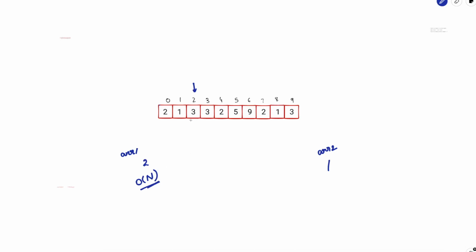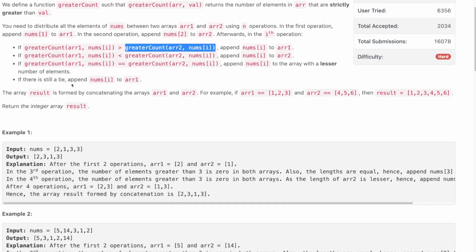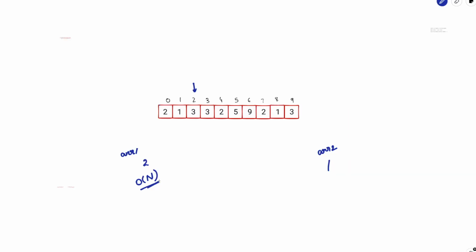So for every operation you are taking order n time to decide the number of greater elements, and after you decide these two values, you can simply follow this criteria to figure out which array to append the element into. So for each operation you are doing order n work, and there are a total of n operations.